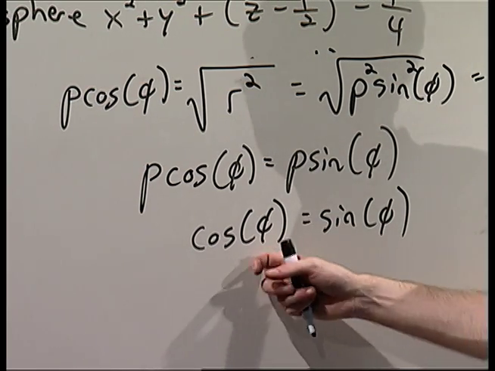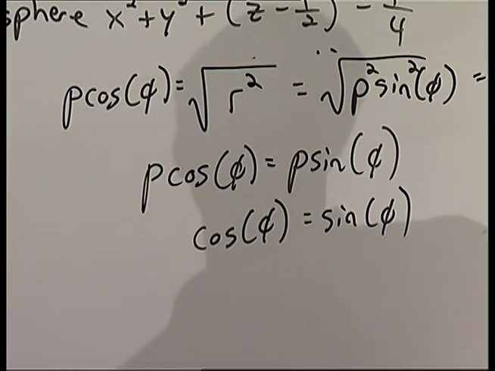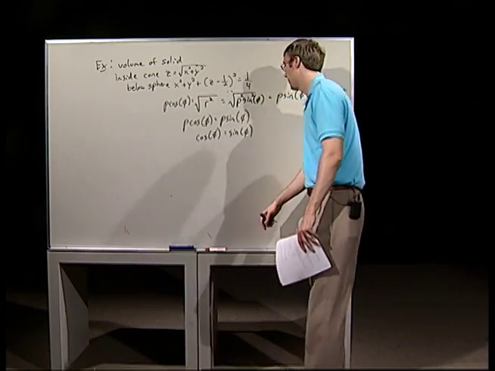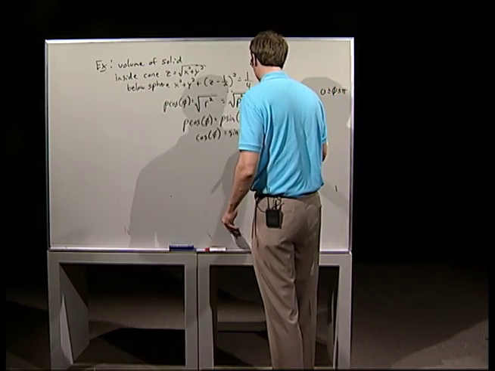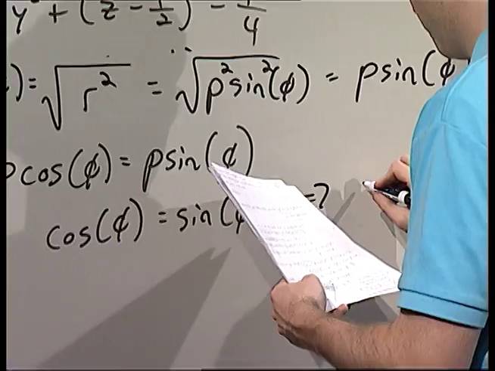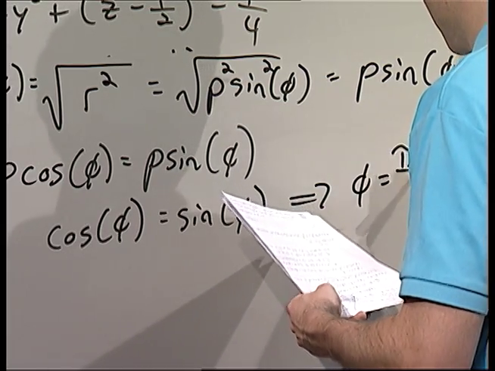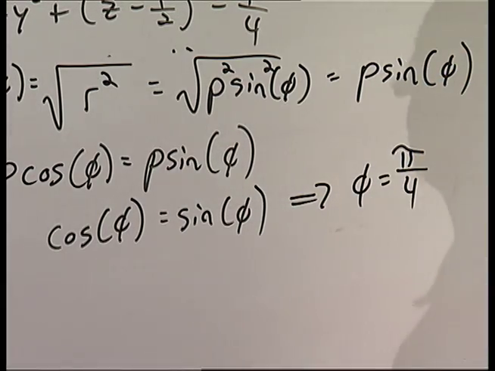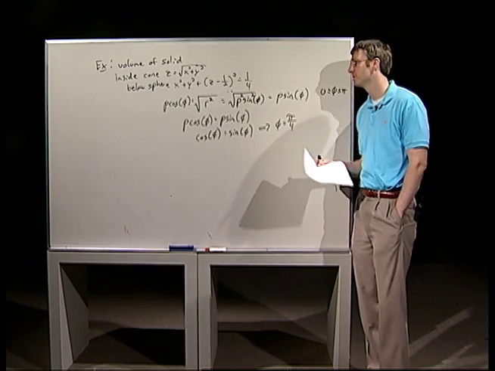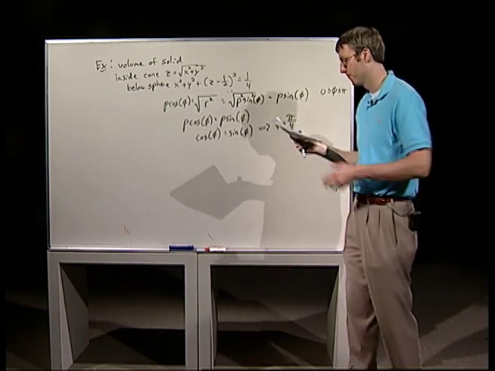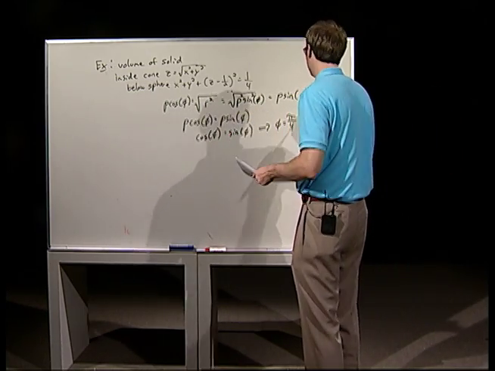The cosine of phi equals the sine of phi at which angle? Pi over 4. So this implies pi over 4 is the value of phi. And that should make sense. Remember that phi equals a constant was a hollow half cone. So we have a cone here.